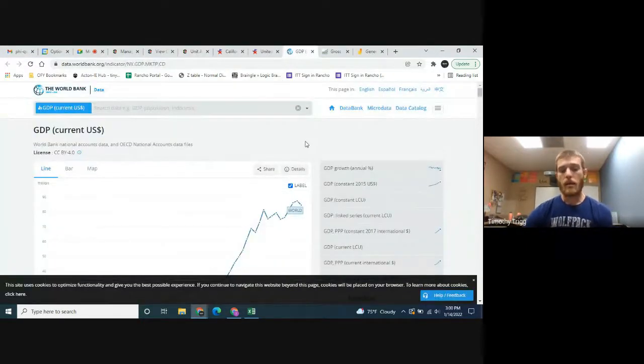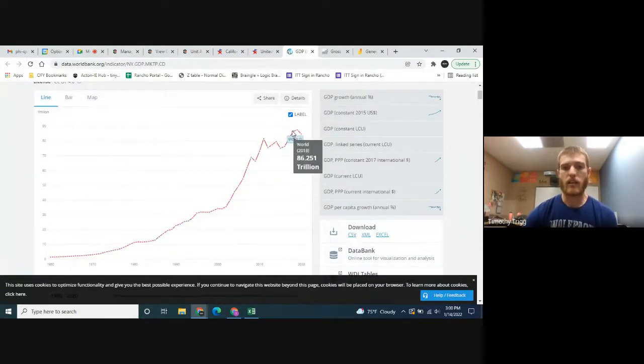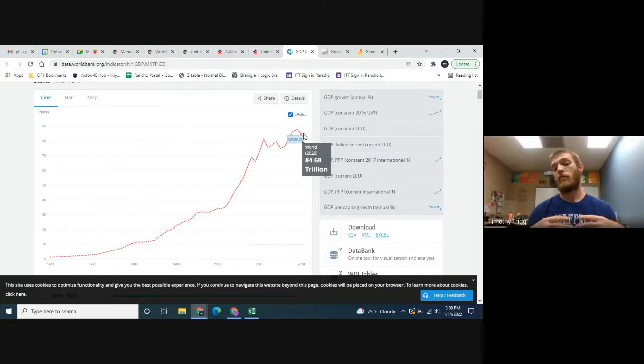Now, right here, when you look at this data, this is actually giving you the world GDP, the world GDP. And you could see in 2020, that was $84.68 trillion. So what does that mean? That means that that's the amount of the value of all the goods and services that the whole world produced in the global economy.